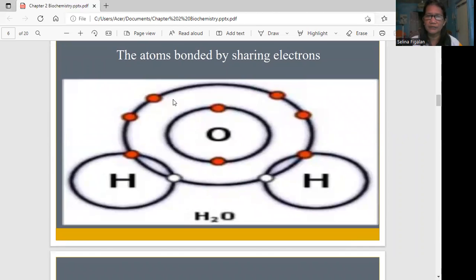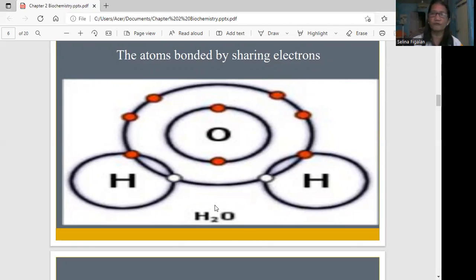In your water, look at this. In the first shell, okay, there are 2 electrons. And then the third one, ay meron siyang 6 electrons. This is under the oxygen. Your oxygen is with an atomic number of 8. Diba?